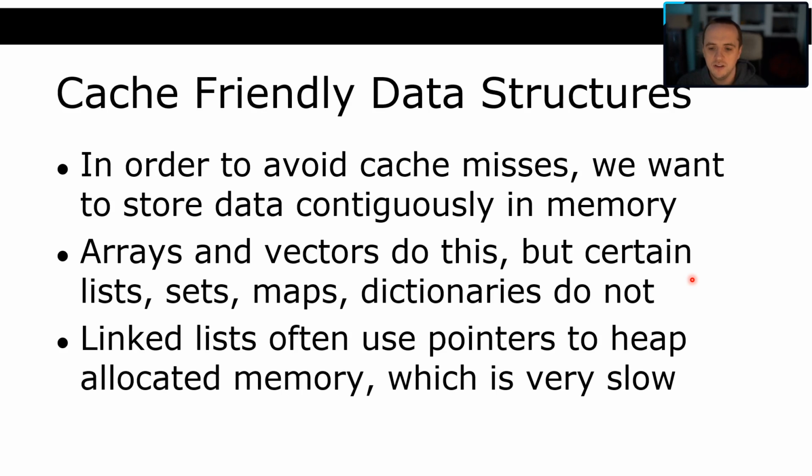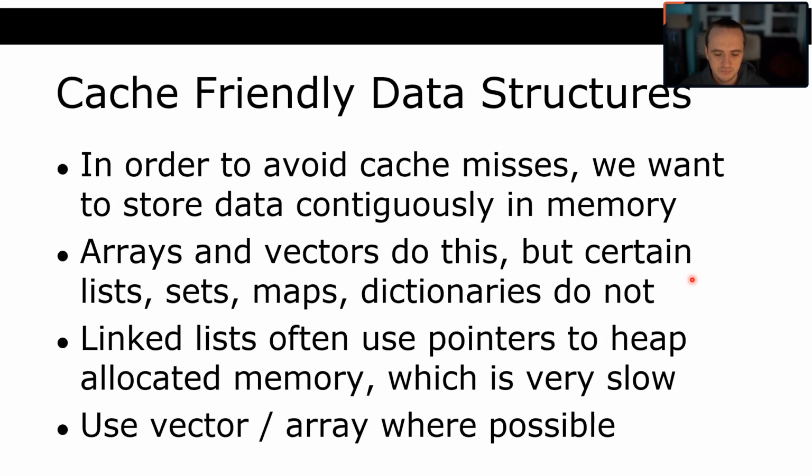Because you have no idea where, when malloc got you that memory, it could live over here, it could live over here. You have no idea where it lives. And so it's not guaranteed to be contiguous. And so if you're ever looking up something by a reference or by a pointer, it's pretty much going to be a cache miss. So use a vector or an array wherever possible.